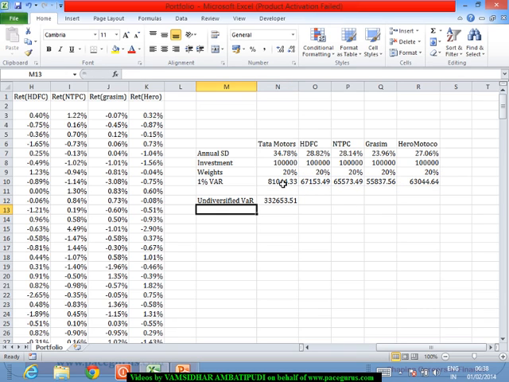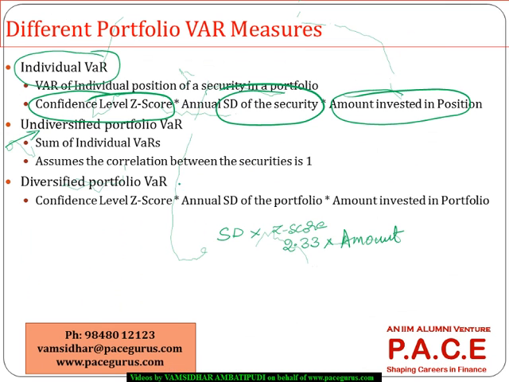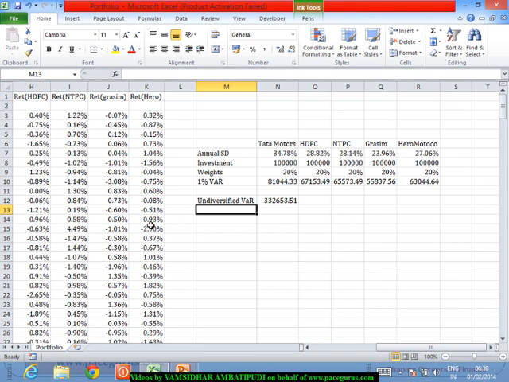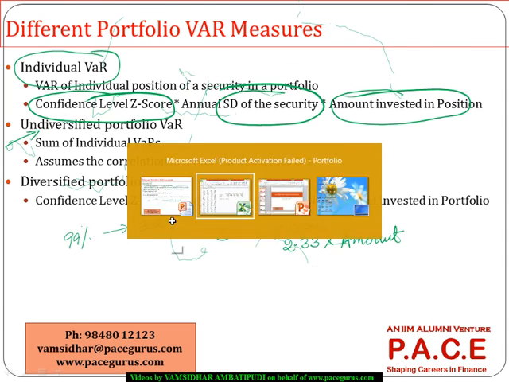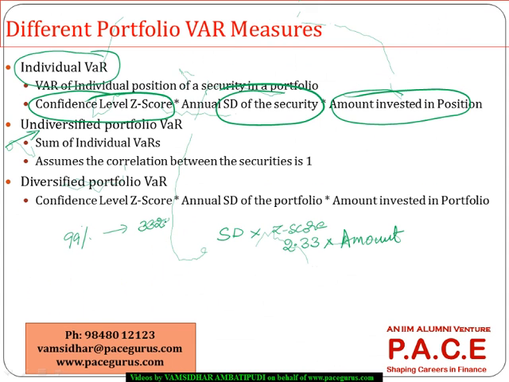So the undiversified VAR at 99% confidence level, we are saying that the value at risk is 332,653. This is what we are calling the undiversified VAR.